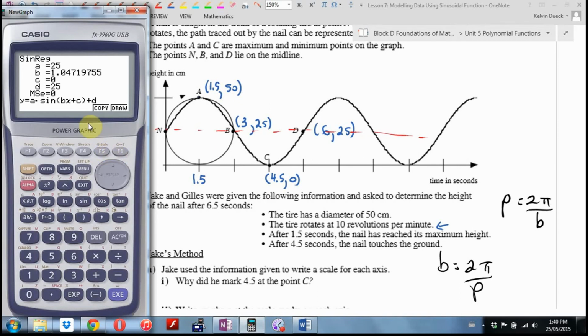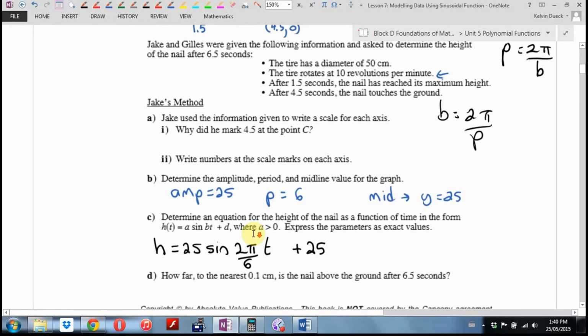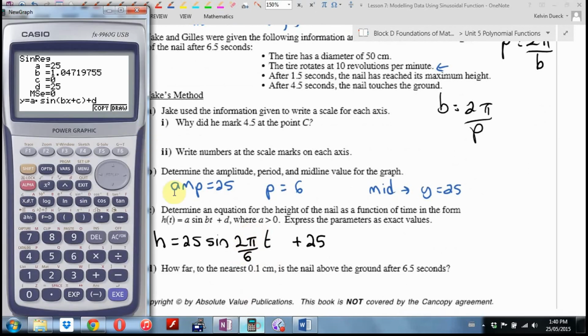Now, here's the only problem. This is giving us the equation in a bit of a funkier notation. First of all, it's calculating the 2 pi divided by 6 that we wrote here, it's actually changing it to a decimal, which is 1.04719. But it is giving me the template.